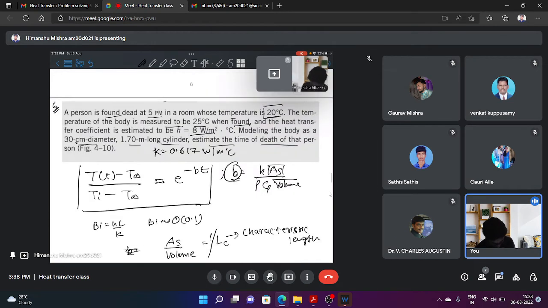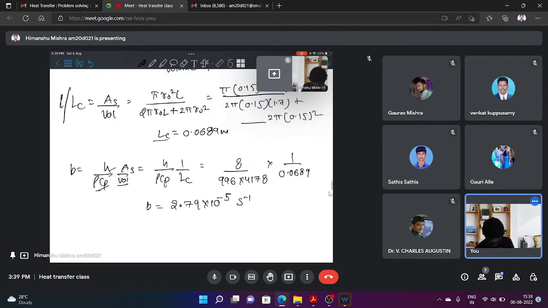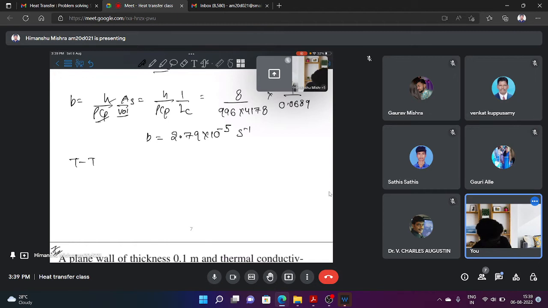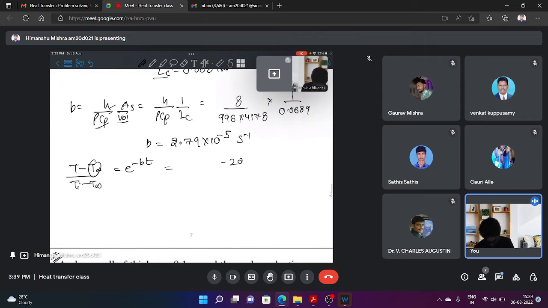Now the ambient temperature is 20 degrees Celsius, and when the body is found, the temperature is 25 degrees Celsius.